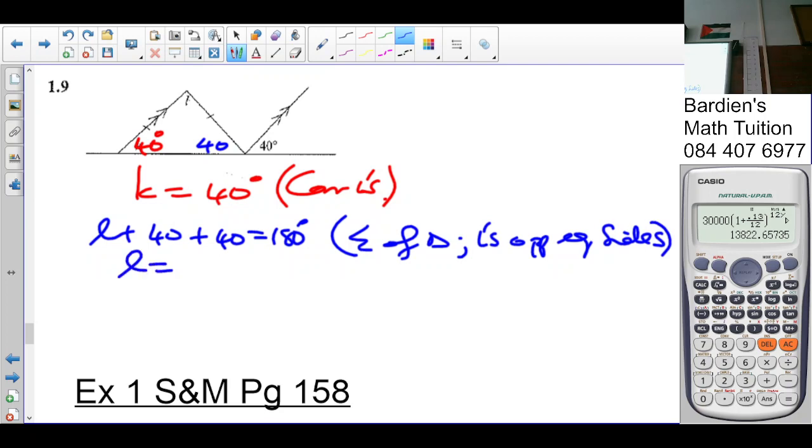So L is equal to 180 minus 40 minus 40, which is 100 degrees. You see the Z you're talking about? So this actually is angle L, not O. It looks like an O.